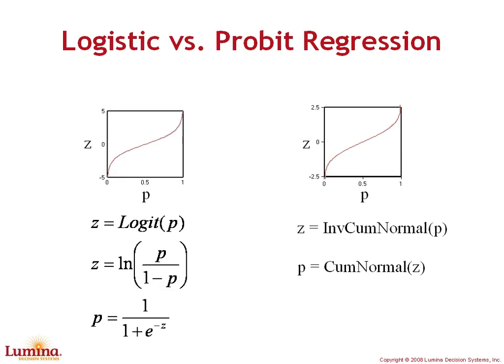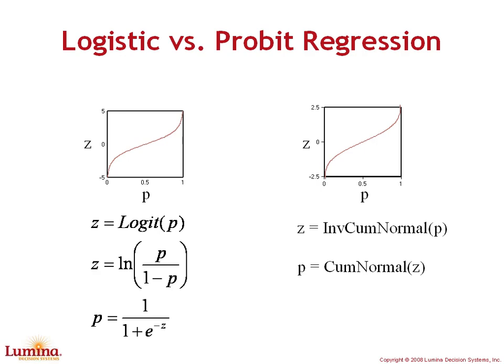On this screen here, I have two different functions that have basically that same shape. On the left is what's called the Logit function, and it's z is equal to the log of p over 1 minus p. You can see the graph, and the inverse of that is shown underneath.